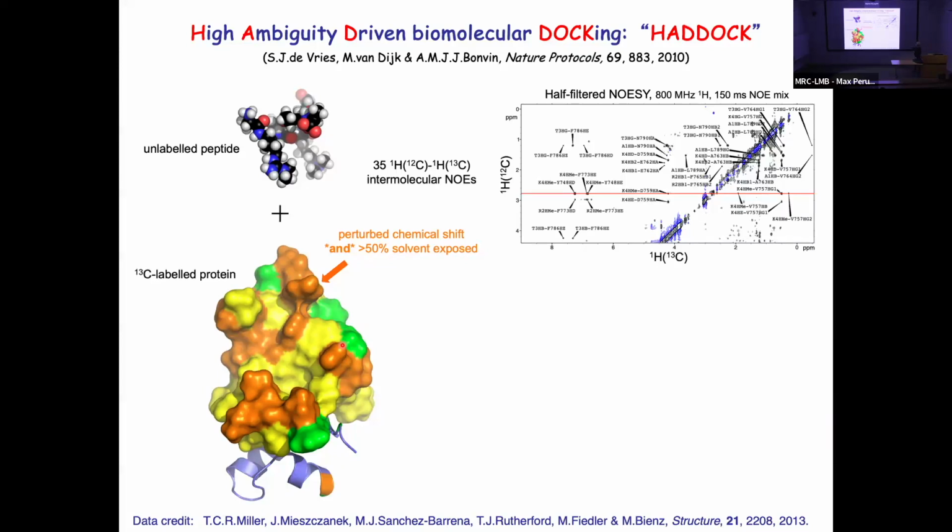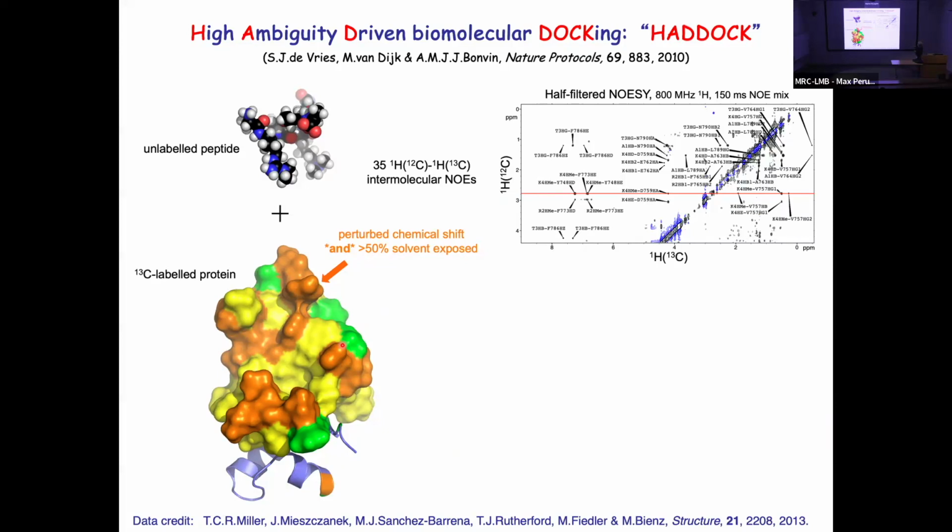So in this case, we've got a peptide binding to a folded domain of about 150 residues. What we do in this particular case, we set up a NOESY spectrum with filters in there, and we reject any signal from this axis where the hydrogen is directly bonded to a C13.